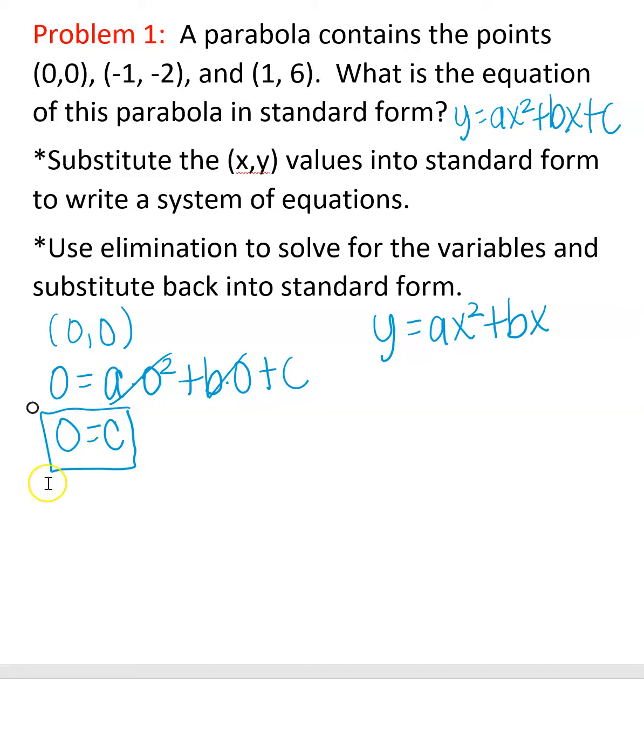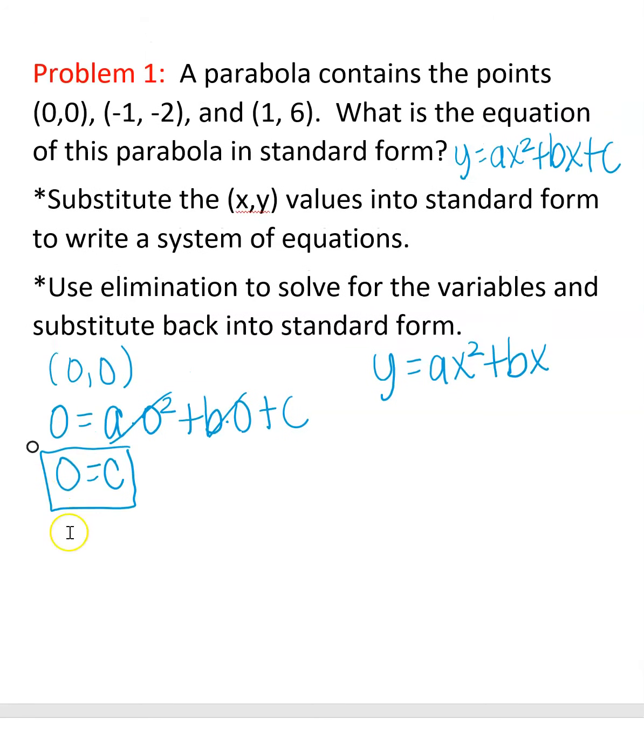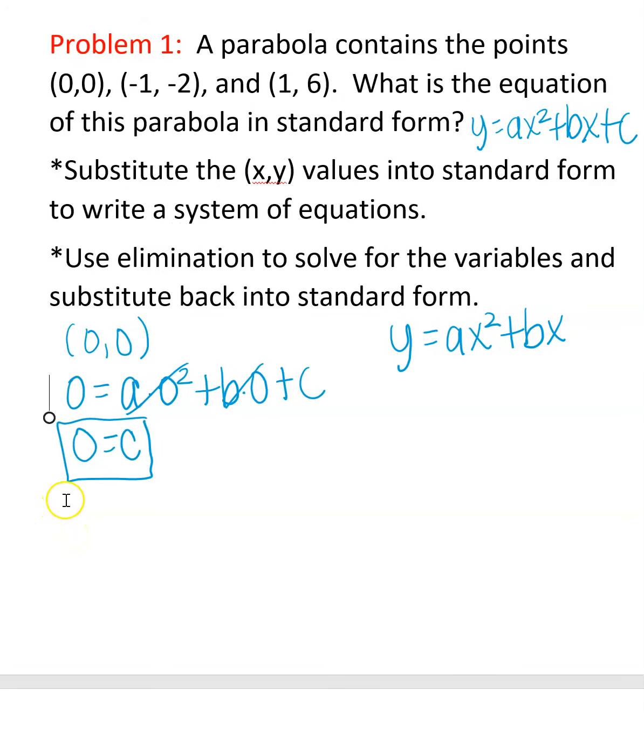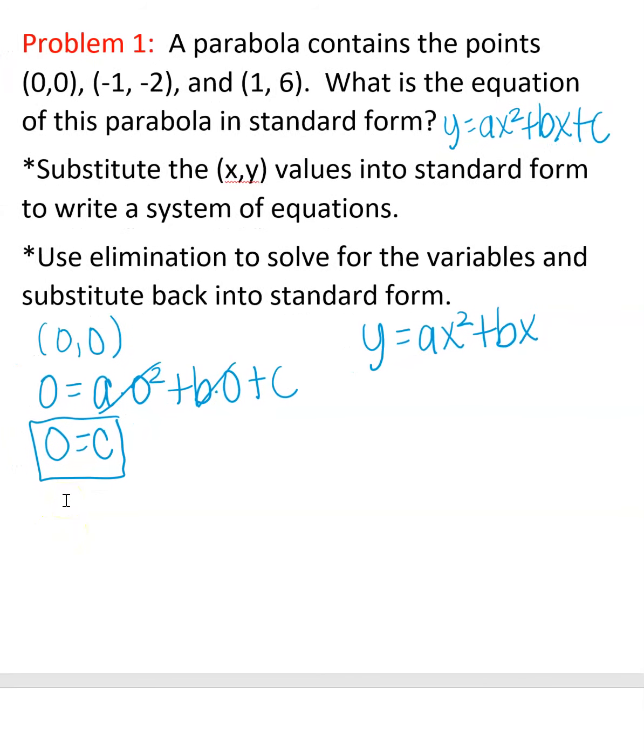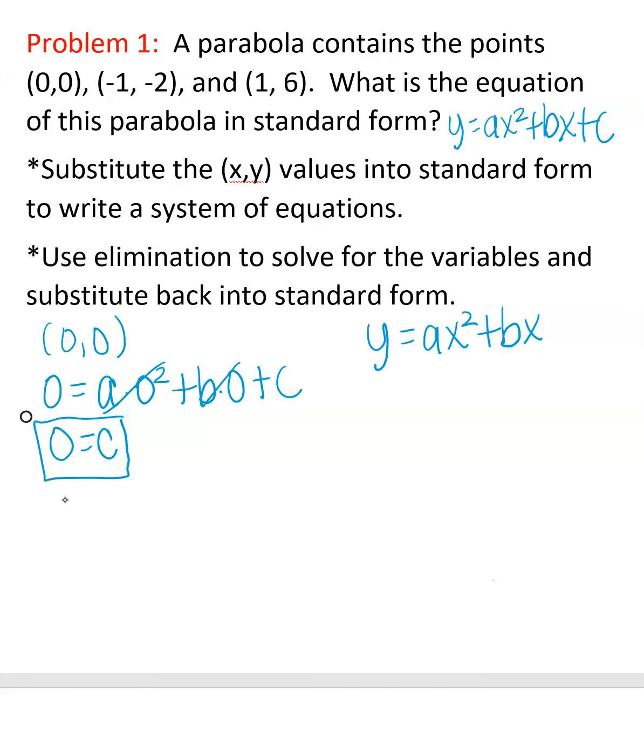My second ordered pair is (-1, -2). So -2 goes in for the y, and -1 goes in for the x. So a times (-1) squared plus b times -1.